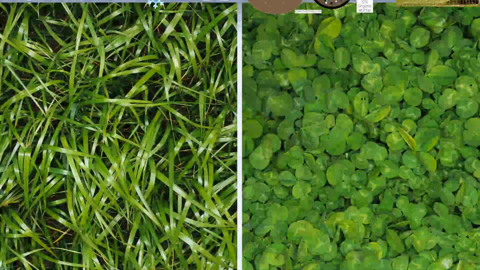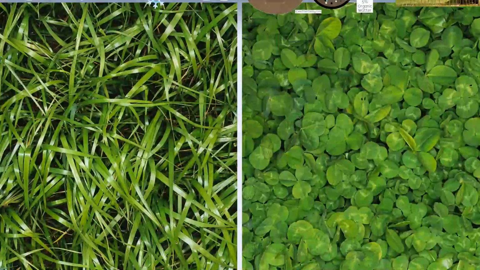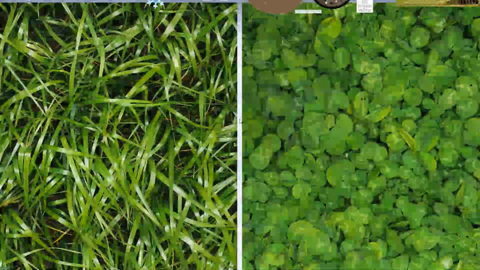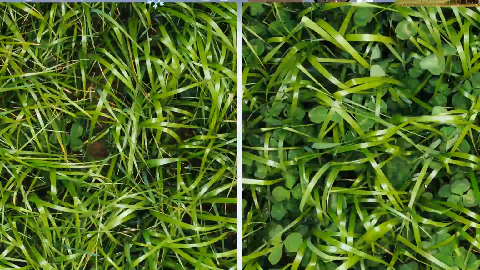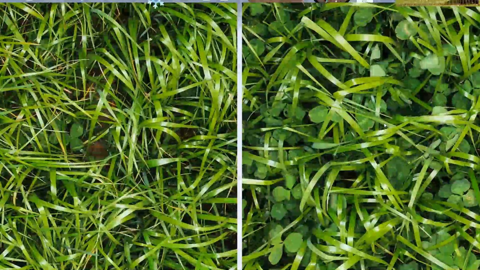But depending on a multitude of factors, such as the weather, precipitation, temperature and soil composition, we get a different species composition in the field. On the left side, you see very low legume parts. On the right side, you see quite a legume-rich stand.